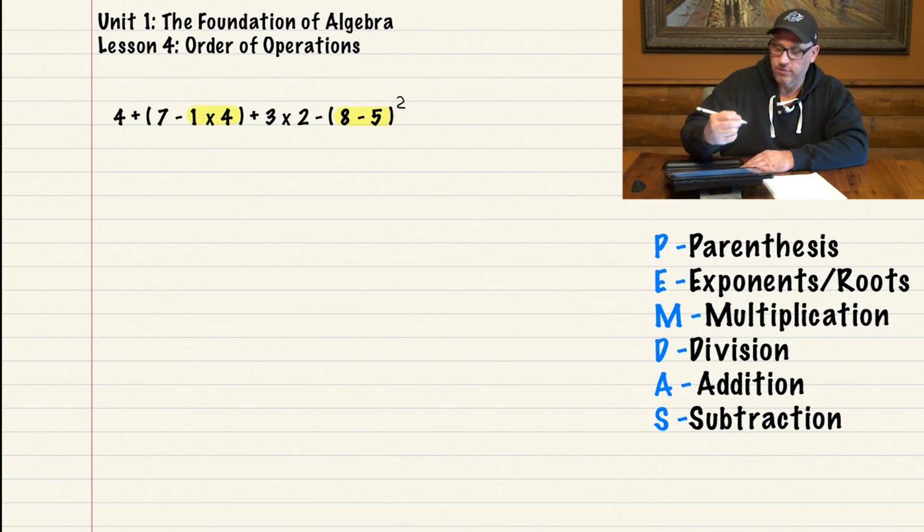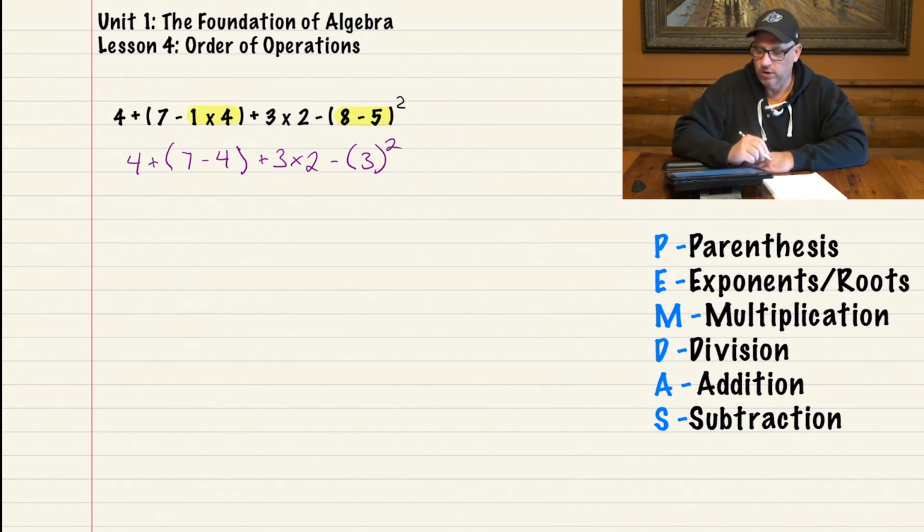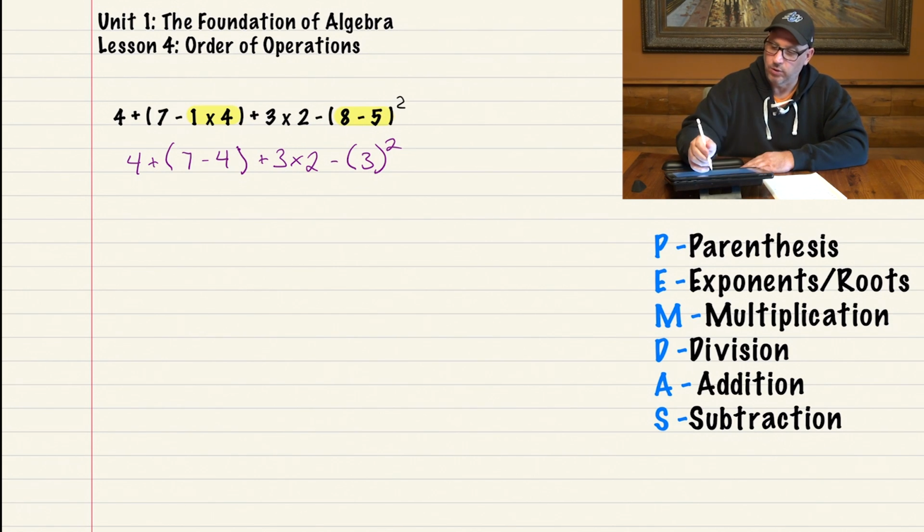I'm going to rewrite everything else, again, working my way down the page. 4 plus, parentheses, 7 minus 4, because 1 times 4 is 4. And then plus 3 times 2 minus 8 minus 5 is 3 to the second power. Whew. Like now, I'll go to my order of operations again. Do I still have parentheses? Yes, right here. So I'm going to do that part next.